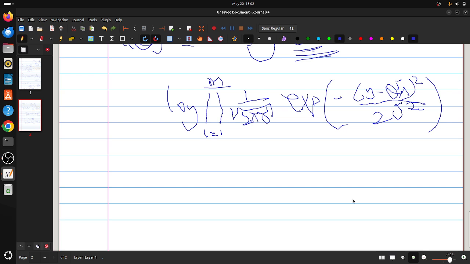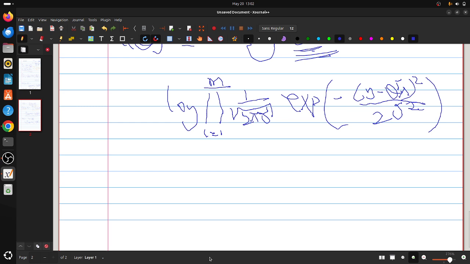And remember, in logarithm, the log of a product is equal to the sum of the logs. For instance, log A times B is the same as log A plus log B. So we are going to take that log into play.